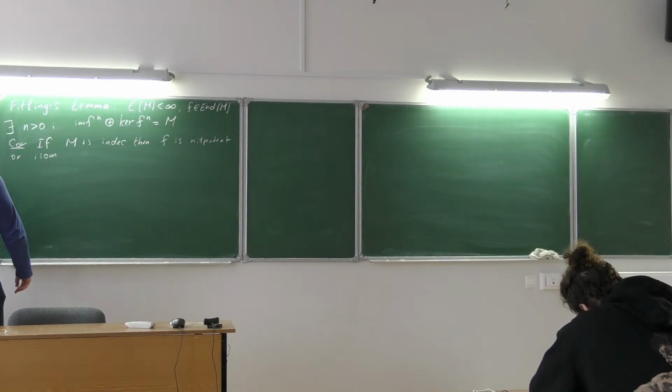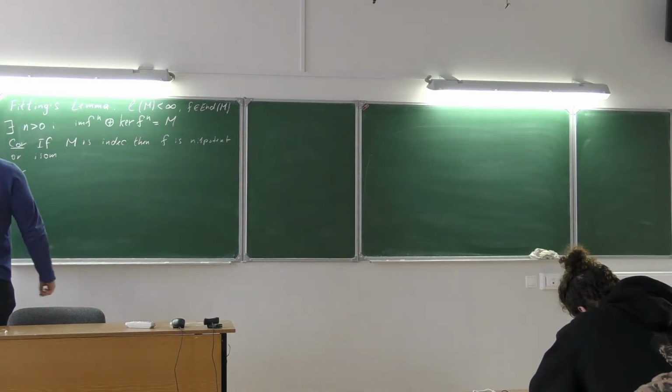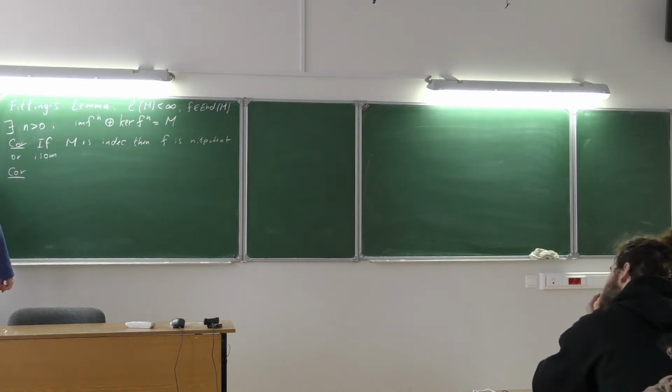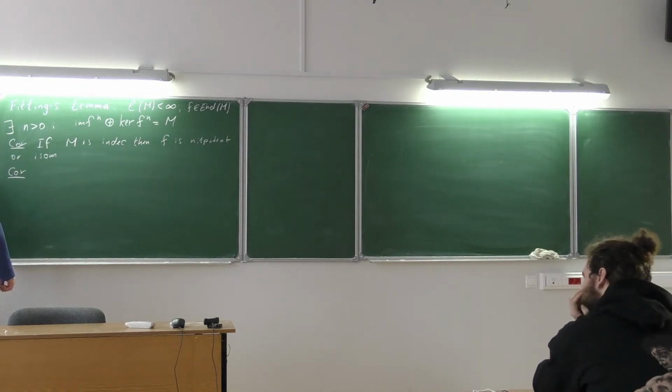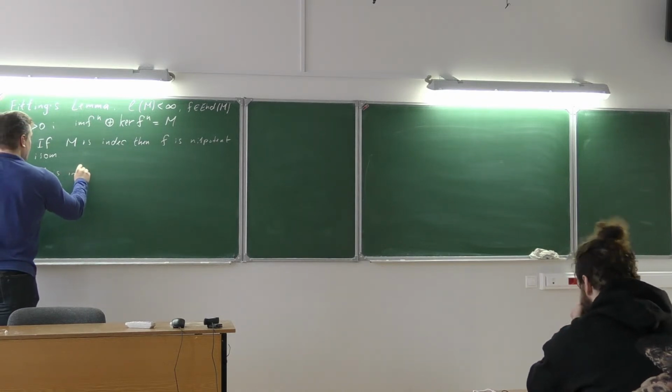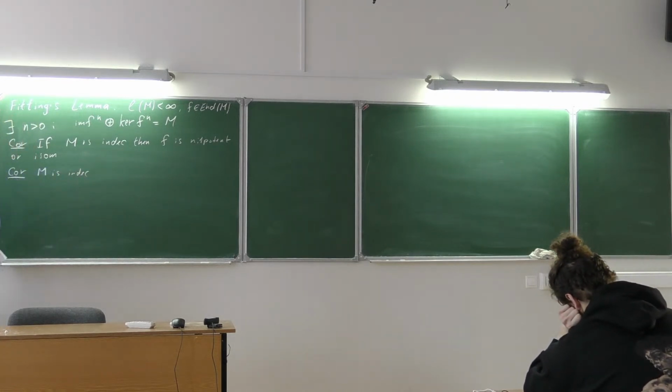So what I want to show next? Well, next is another corollary, which is going to be useful when we start proving Schmidt theorem. And this is the following. Again, I assume that M is indecomposable, so I'm going to use the previous corollary.